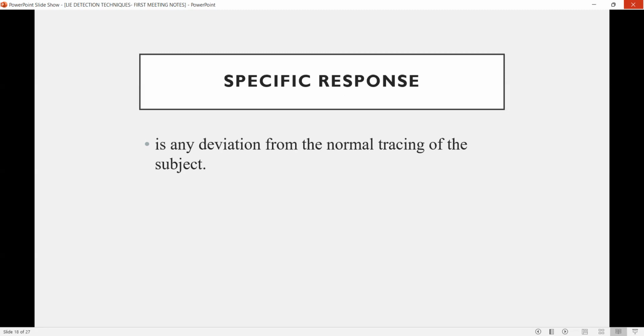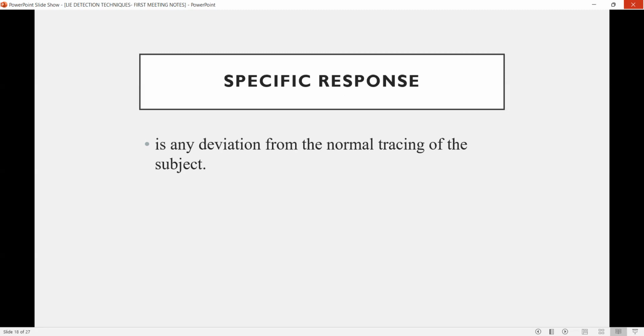Para makuha nimo ang normal tracing of the subject. Of course, if mo tanong nimo siya sa iyang name, age, or any questions that are not related to the case in question, dili siya maglay. He will tell the truth. So, ma-record nimo ang iyang normal tracing.